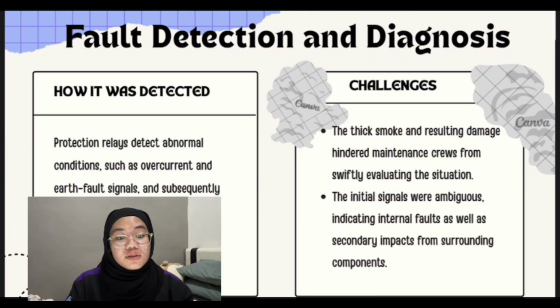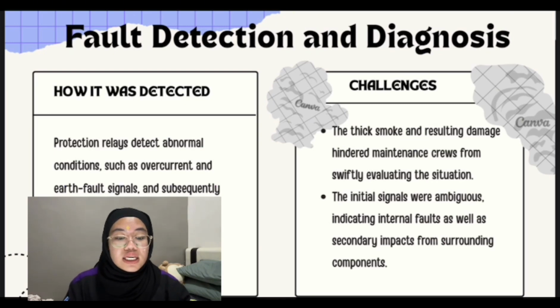The fault detection process faced significant challenges that complicated the initial response and investigation. First, the thick smoke and resulting damage hindered maintenance crews from swiftly evaluating the situation. When you have an oil-fed fire producing dense, toxic smoke, it becomes extremely difficult for personnel to safely assess the extent of the damage.